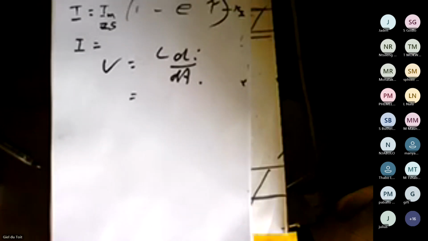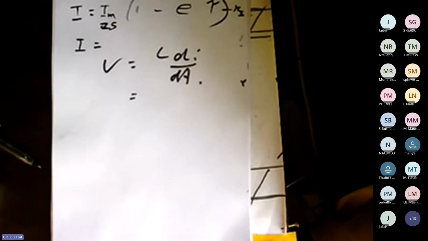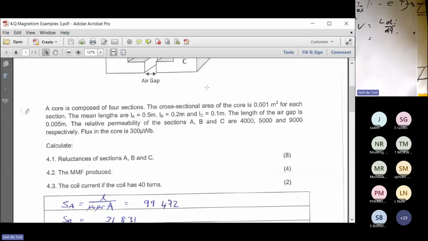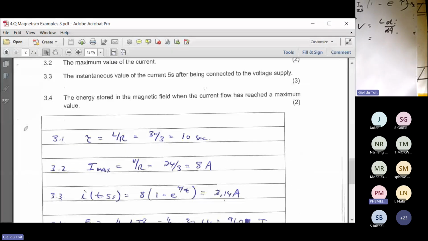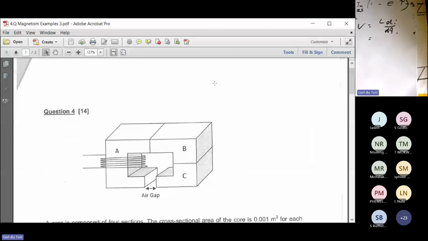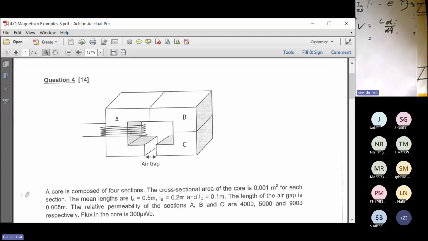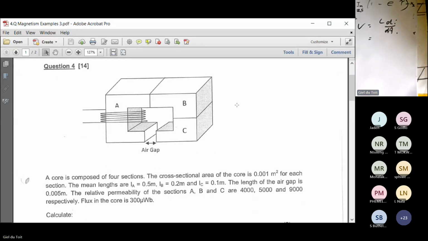At this one. I'm basically finished actually, but let's quickly look at what this one gives us. Let me just share it here. I've got it already open, but I have to still share it. There's some more examples. We've got a question, we've got a core, and this core is very complicated.